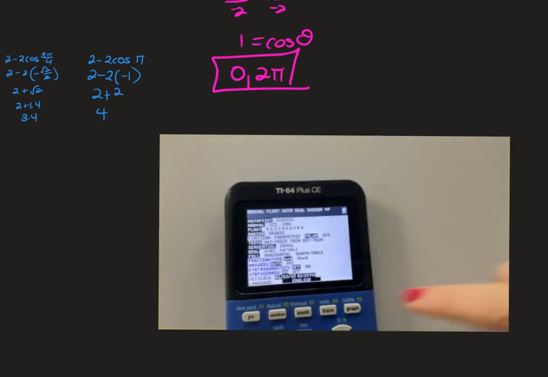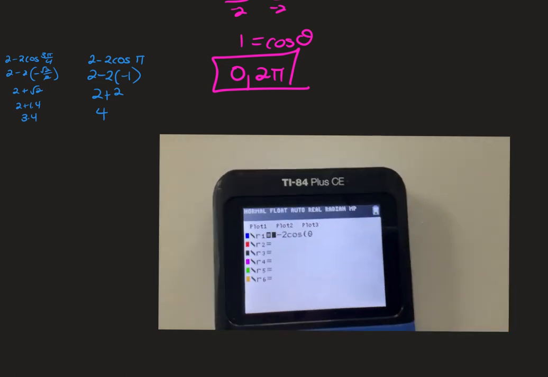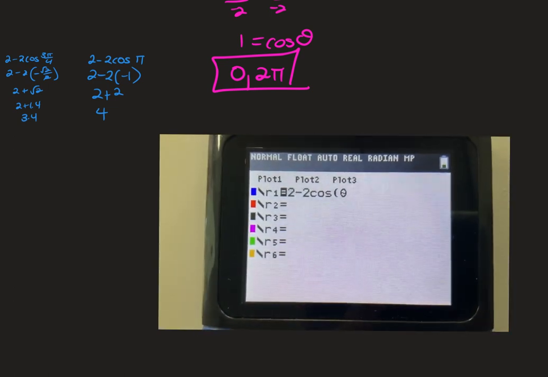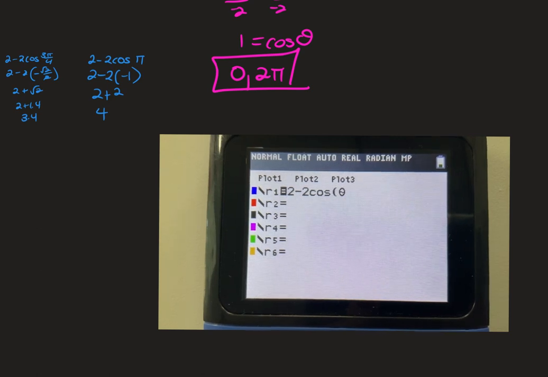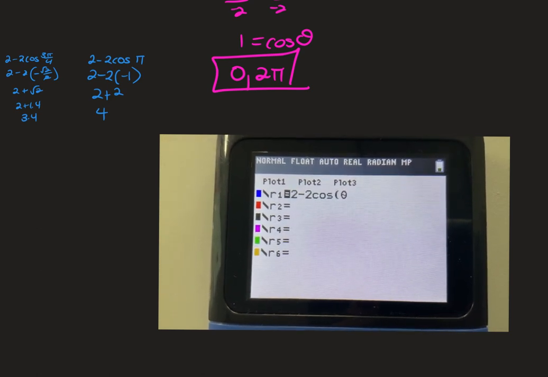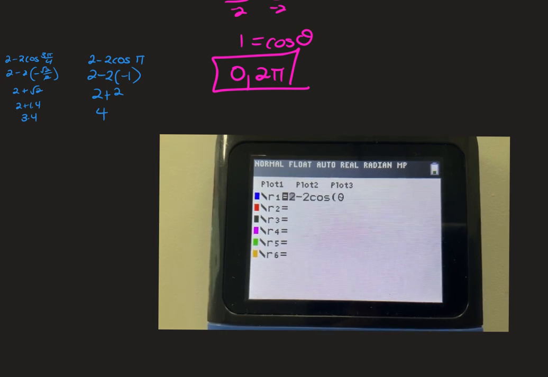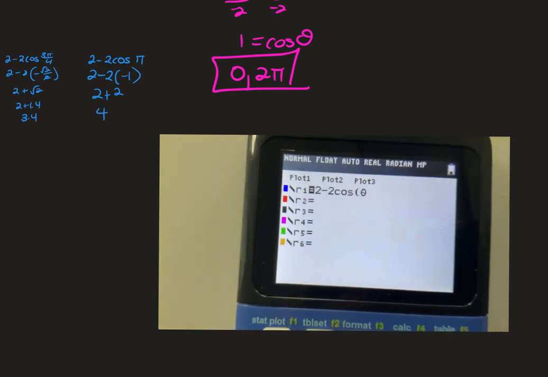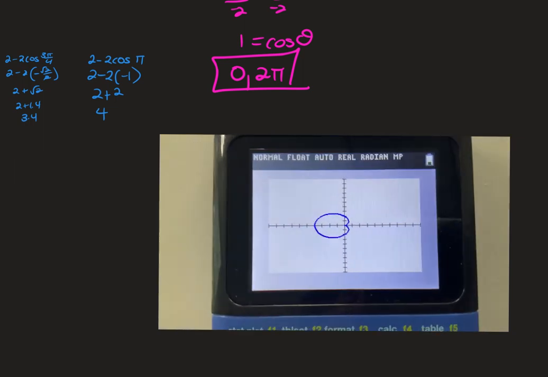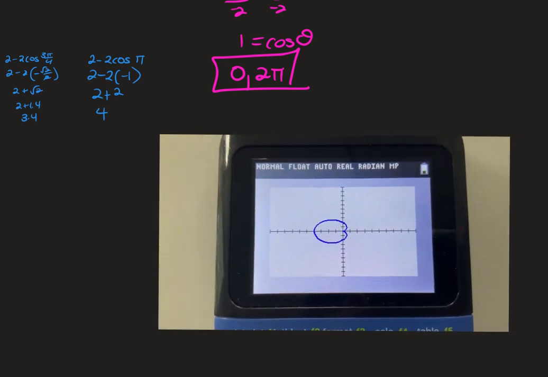So I change that to polar, and when I do, my y equals actually turns into an r equals, and my x button gives me theta instead. It knows to switch those variables. So you literally just type in 2 minus 2 cosine, the x button will give you the theta. And then you hit graph. And you get your little heart shape.